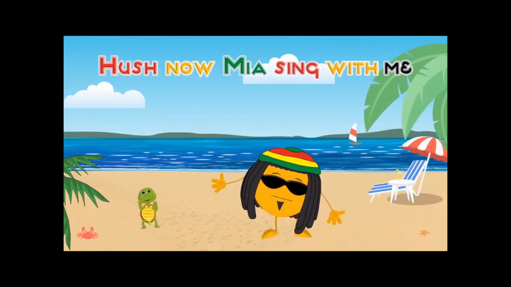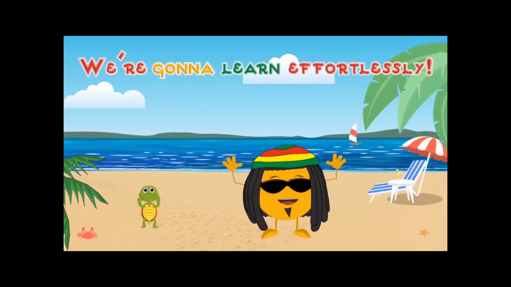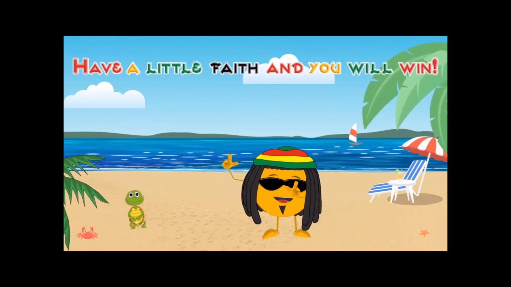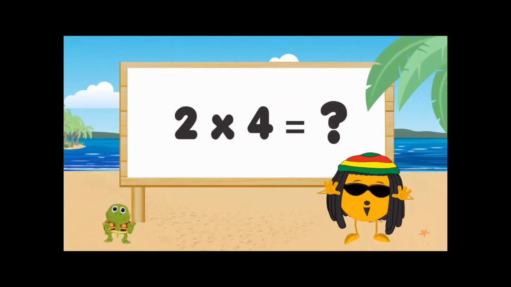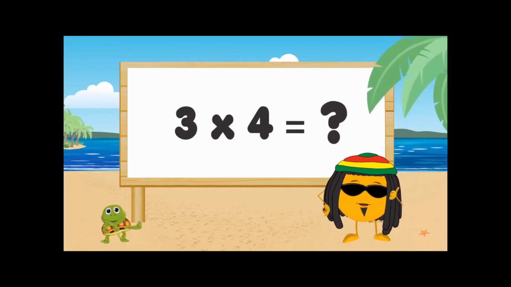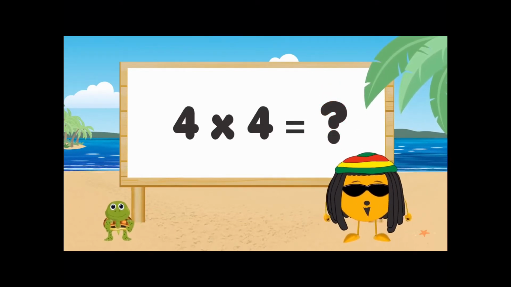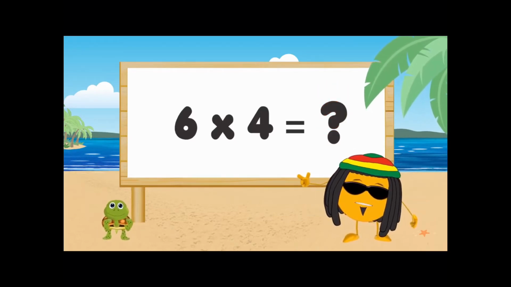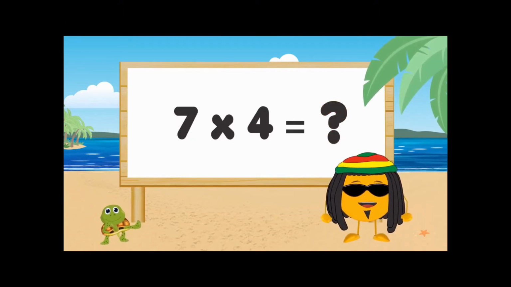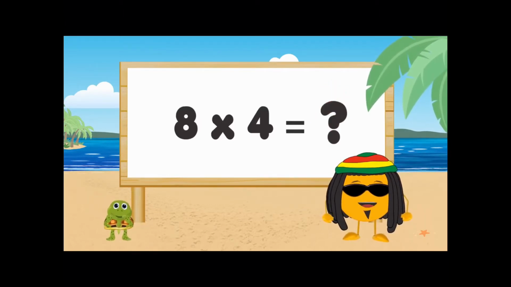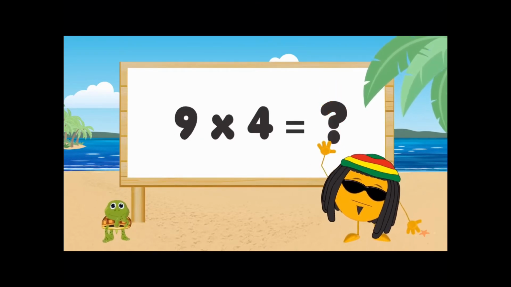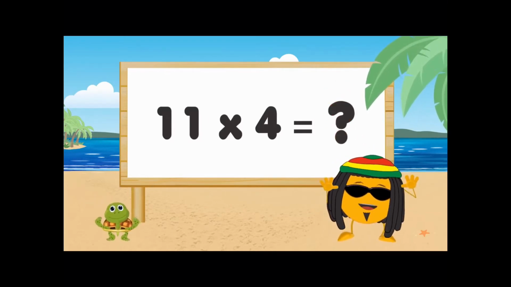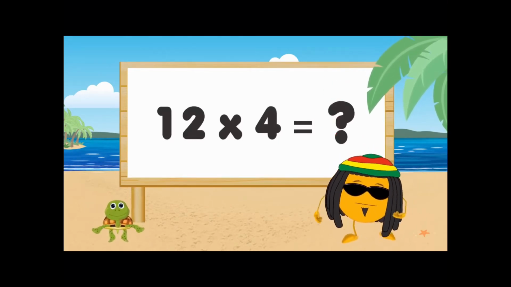Hush now, Mia, sing with me. We're gonna learn effortlessly. Sit up straight now, let's begin. Have a little faith and you will win. 1 4 is, 2 4s are, 3 4s are, 4 4s are, 5 4s are, 6 4s are, 7 4s are, 8 4s are, 9 4s are, 10 4s are, 11 4s are, 12 4s are.